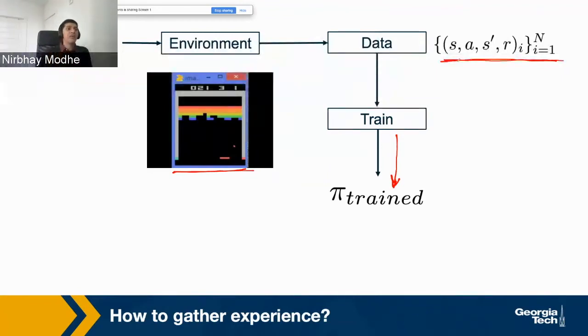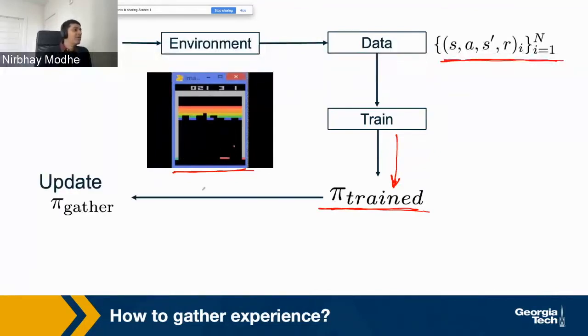So those data points will push our training to tell that the Q value for hitting the ball or keeping the ball in play is actually high. And with that, we can, let's say, have a policy which says just follow the maximum Q values. So with this data of random examples, I can train a policy to try to keep the ball in play by making the paddle hit the ball.